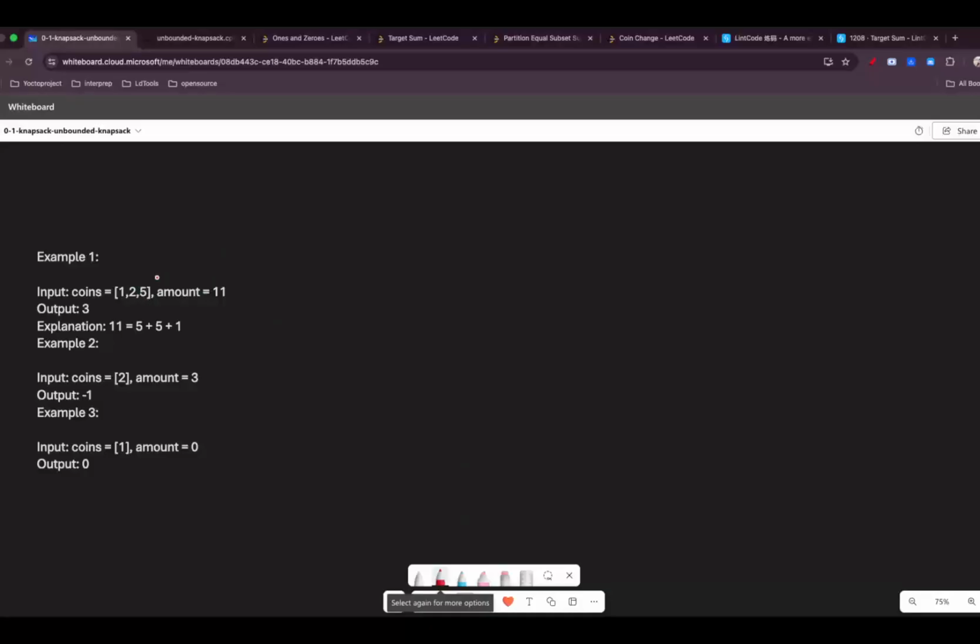The way this example is, 5 plus 5 plus 1, we are getting 11. But if by chance there are some others, because we want minimum coins also. I'm not able to think of that scenario. But say we are given 3, 4, 2, and 1.